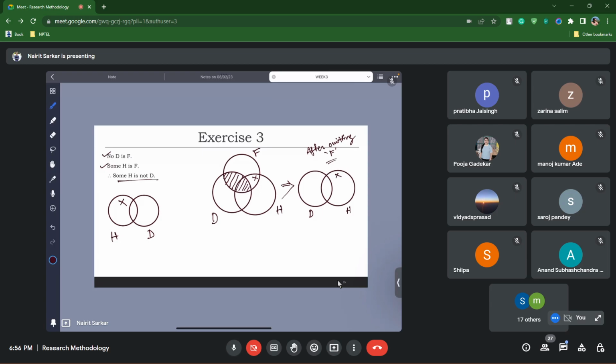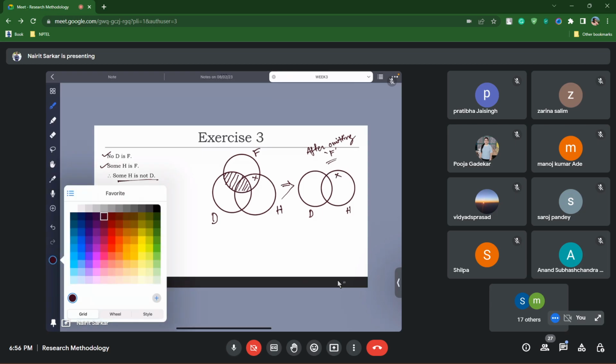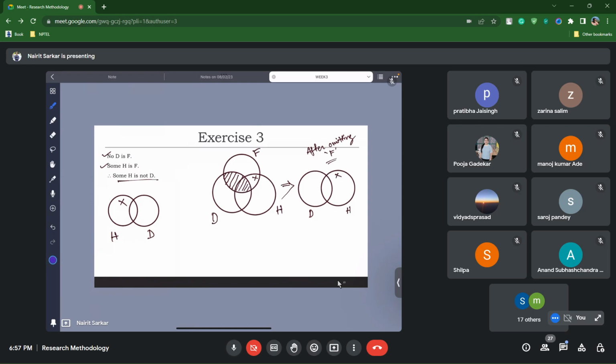Now can anyone tell me whether graph 1 and 2 are similar or not? Similar, sir.